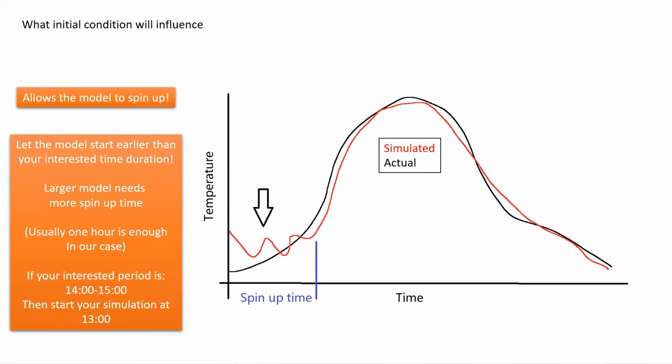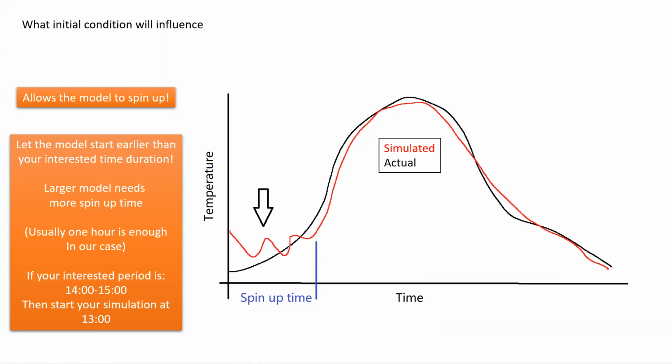Since initial conditions have influence on a very small period, when your model has started computing, you need to give it more time to spin up. That means, let's say in this curve, the black line is the actual air temperature we have measured in an area, and the red line is the temperature we have simulated.